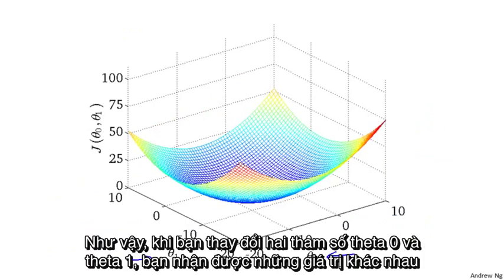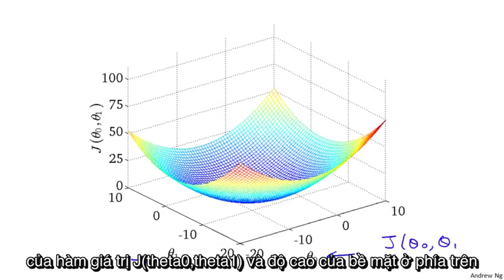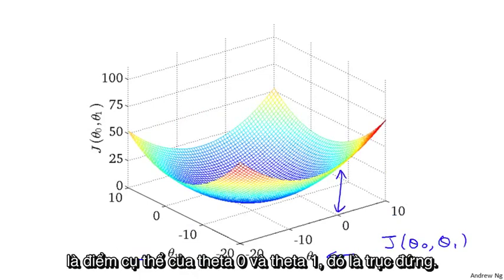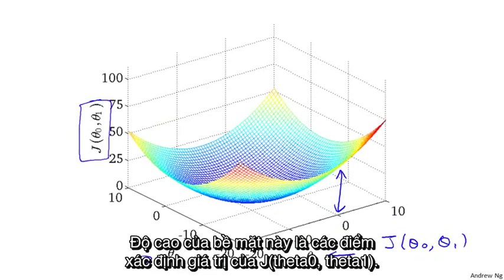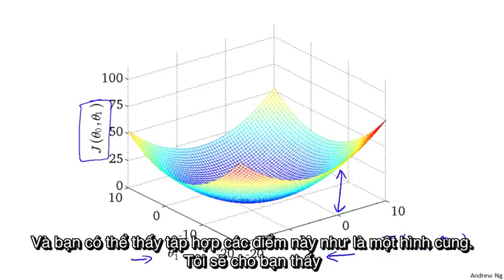As you vary theta 0 and theta 1, you get different values of the cost function J of theta 0, theta 1. The height of the surface above a particular point of theta 0, theta 1, that's the vertical axis, indicates the value of J of theta 0, theta 1. And you can see it has this bow-like shape.